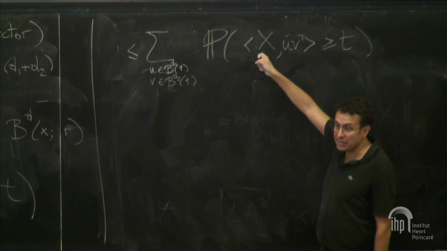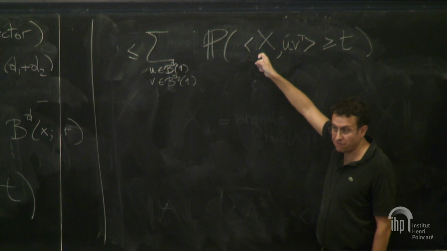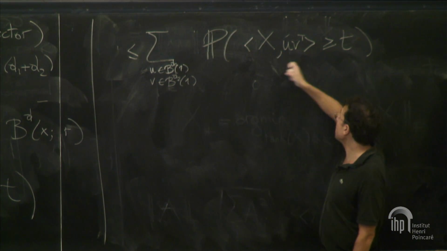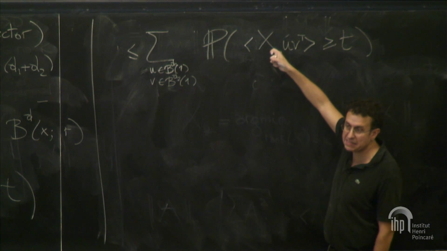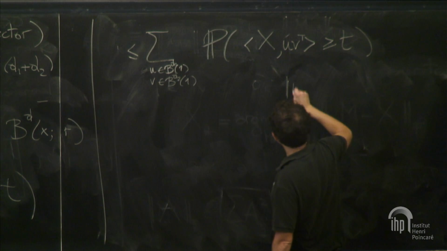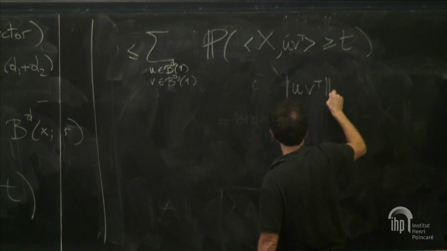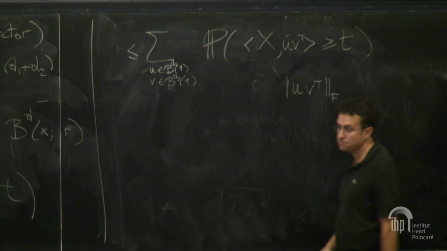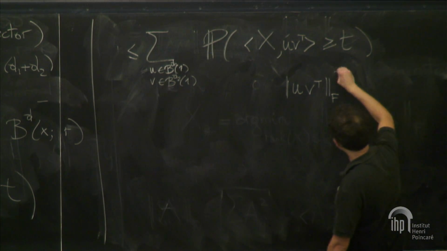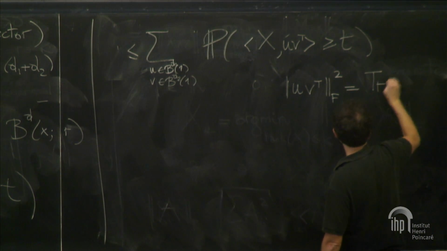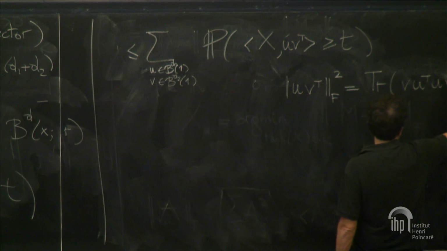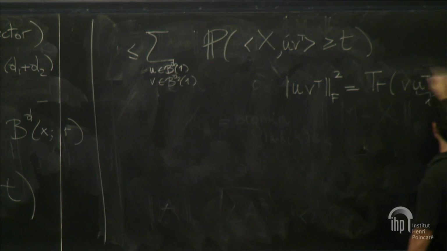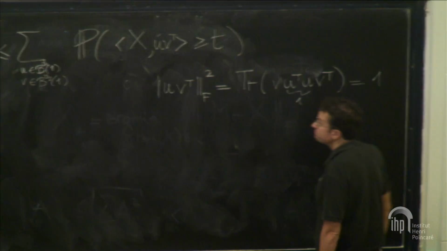Now you have a tau square sub-Gaussian vector that is multiplied by something that is of norm what? Well, what is the Frobenius norm of U V transpose? If I compute the square of it, this is the trace of V U transpose U V transpose. This is 1, and this is 1. So this is 1.